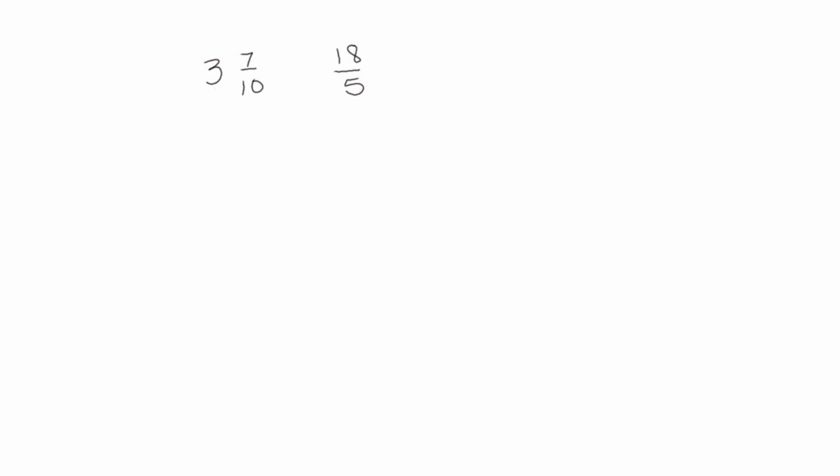So to show 3 7/10, we would need 30/10 plus 7/10 would be 37/10. And for 18/5, 5 and 10 are related. We can multiply both the numerator and the denominator by 2 and get 36/10. 37/10 is greater than 36/10. So 3 7/10 is greater than 18/5.